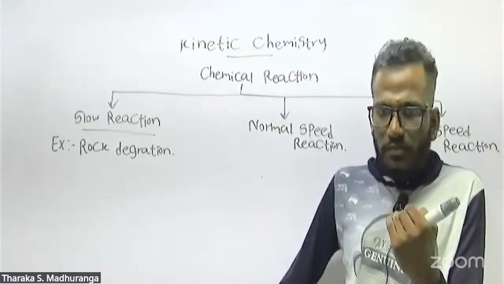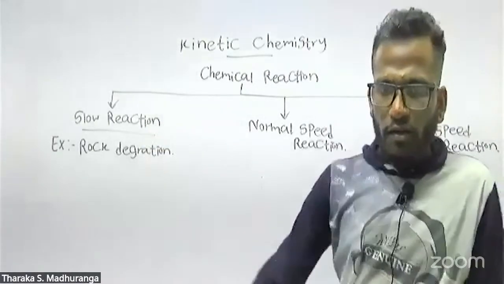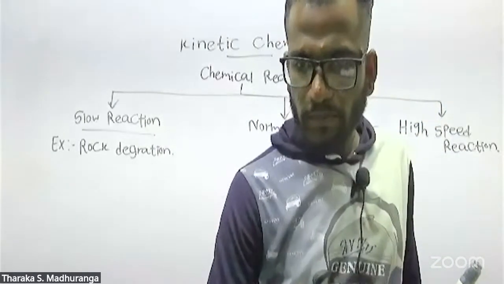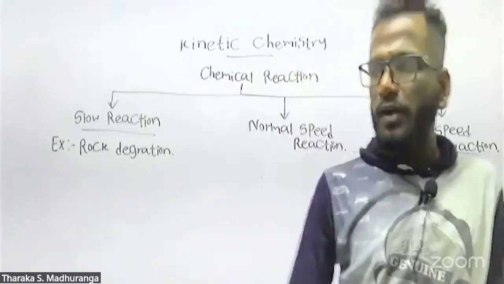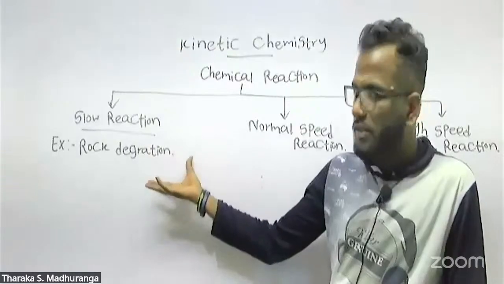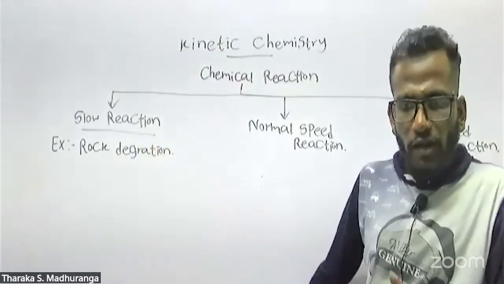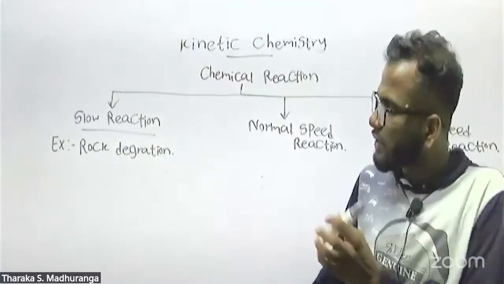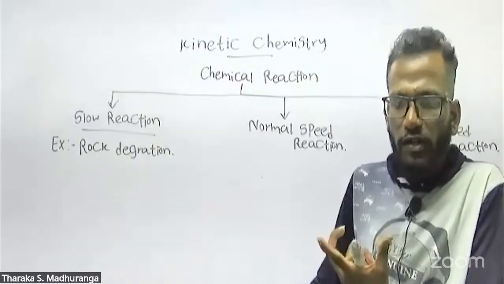Then with rainwater, these minerals and other compounds react several times. That means it's not a one or two day process. It takes a very long time to convert rock into soil. After the rock degrades, soil is formed.